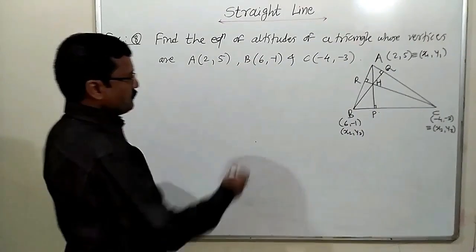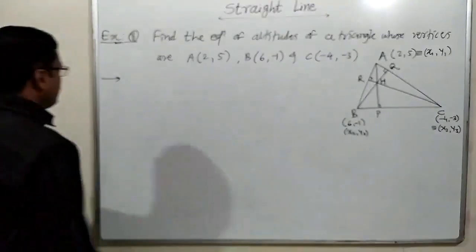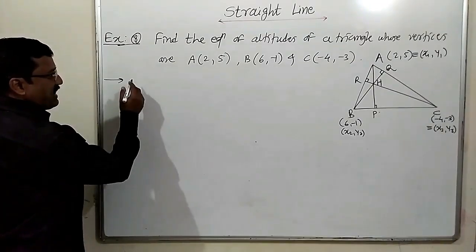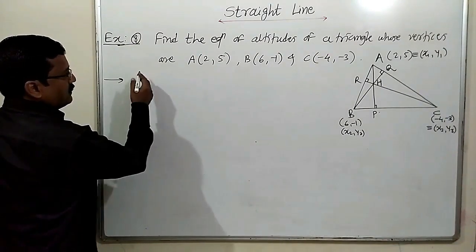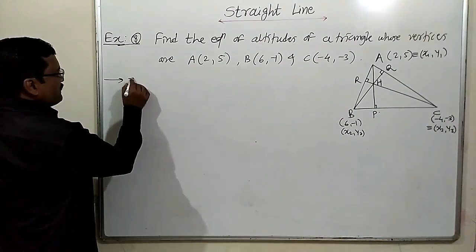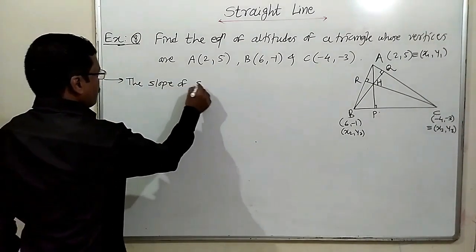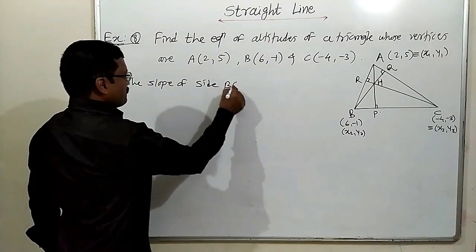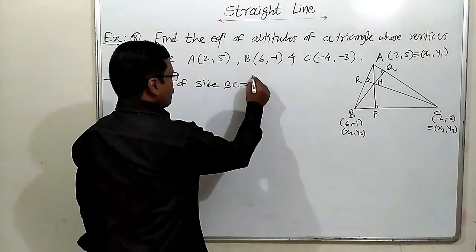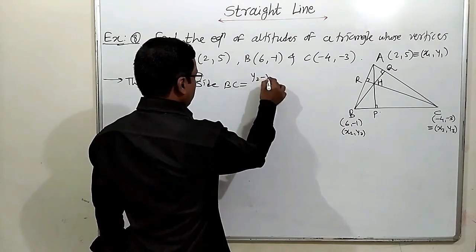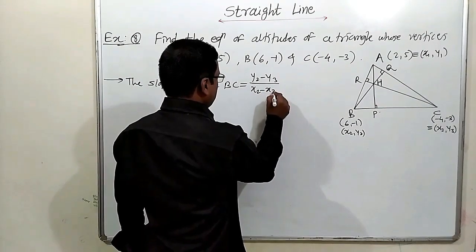Similarly, we can find the equations of altitudes BQ and CR. In the first part, given A, B, C that we have written there, the slope of side BC, where B and C are (x2, y2) and (x3, y3), is the difference in y coordinates, y2 minus y3, upon x2 minus x3.